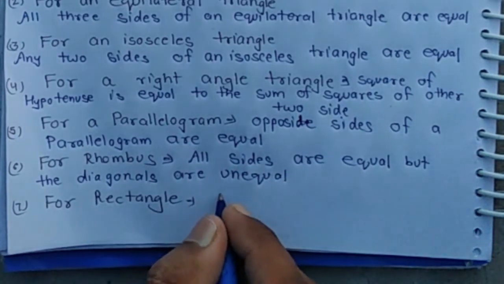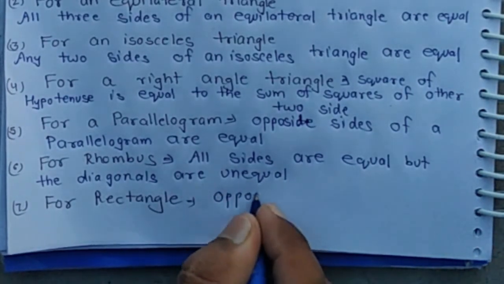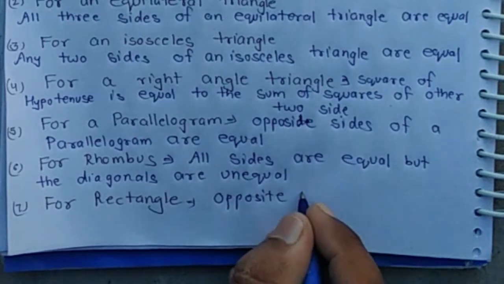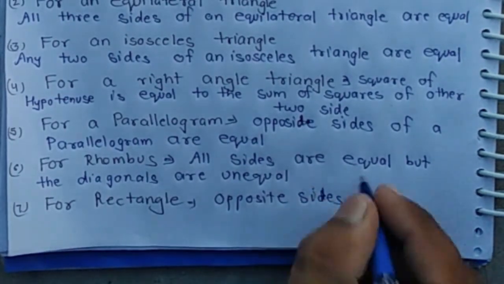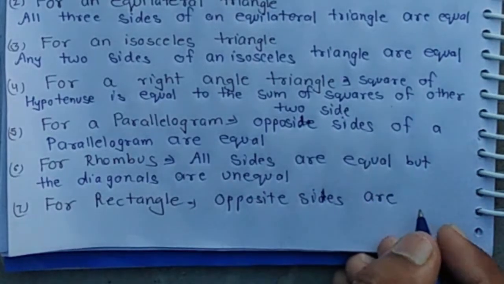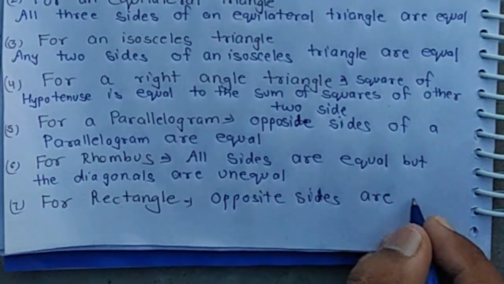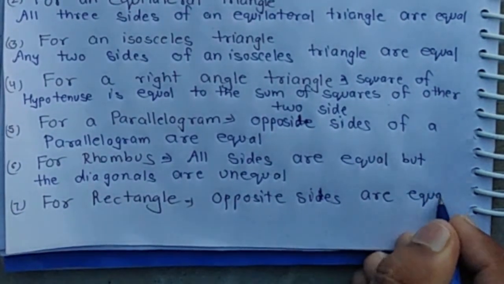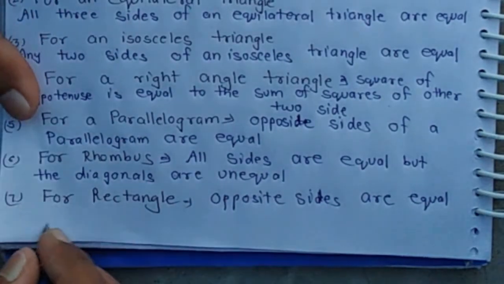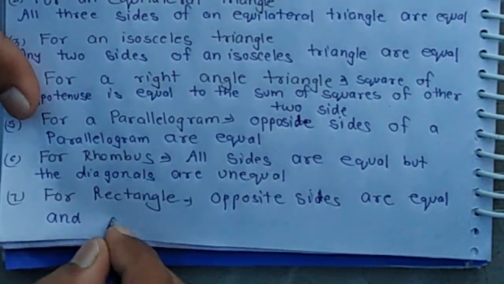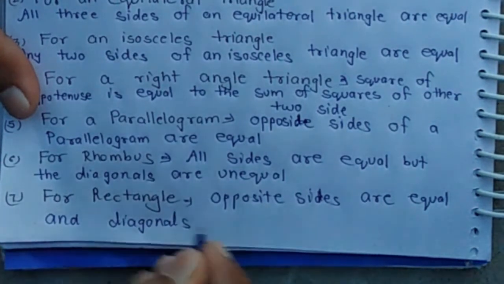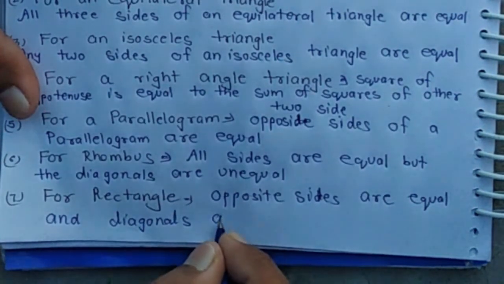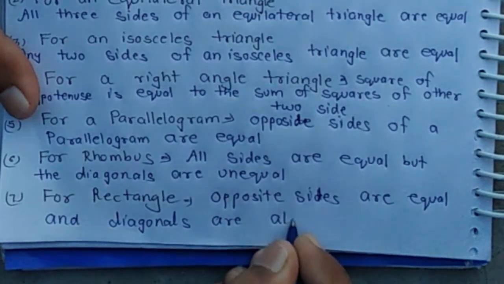For a rectangle, opposite sides are equal, and diagonals are also equal.